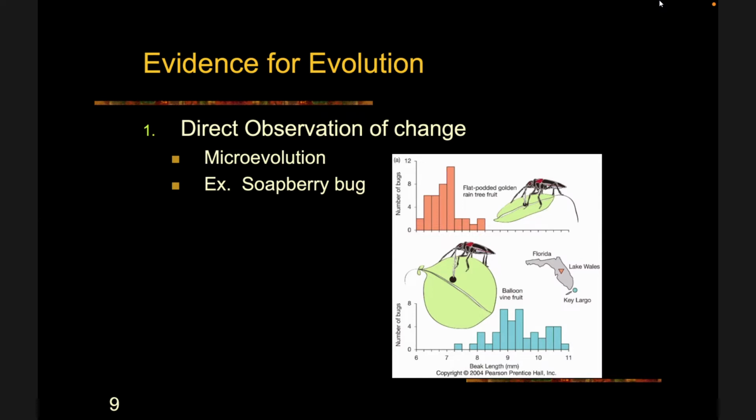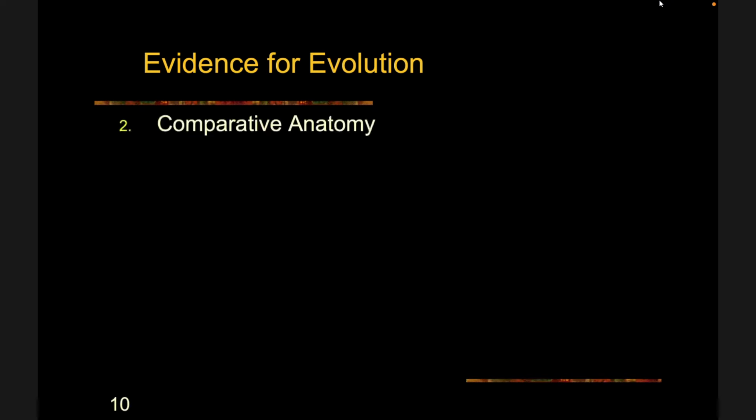Okay, it's a new thing that we've been looking at. But even back in George Cuvier's time and Lamarck's time, what has been looked at is the comparative anatomy of organisms, and that also gives evidence of evolution.